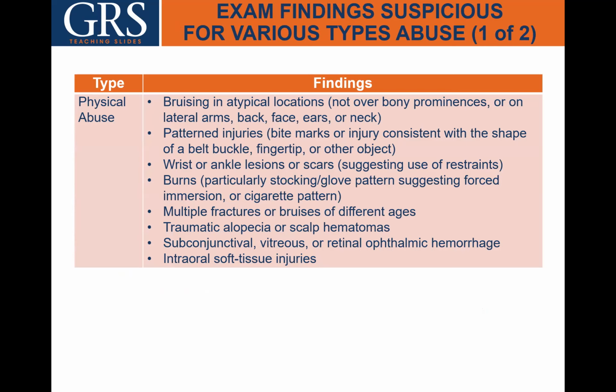Also, patterned injuries like bite marks, bound or buckle, wrist or ankle lesions, scars, burns, multiple fractures or bruises of different ages, traumatic alopecia, scalp hematomas, subconjunctival or retinal hemorrhage, and intraoral soft tissue injuries should also make you consider physical abuse.